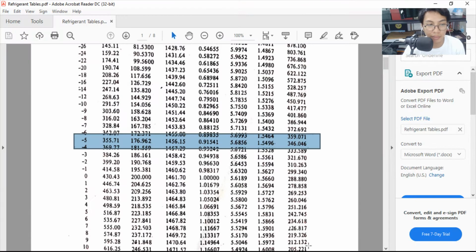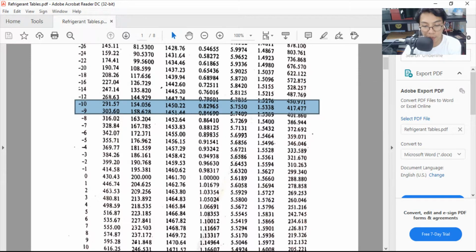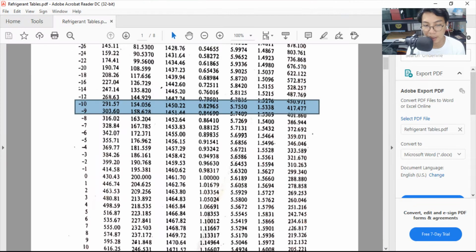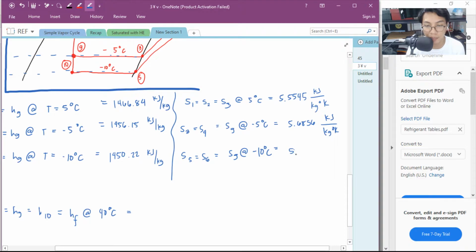Negative 10 naman. Highlight ulit natin. That is 1450.22 kilojoule per kilogram. How about yung S5? That is 5.7550 kilojoule per kilogram degree Kelvin.